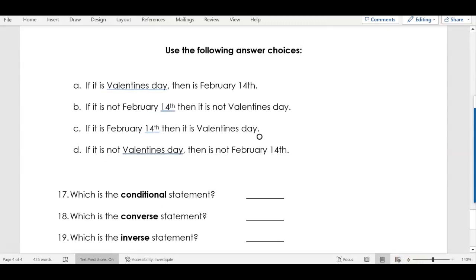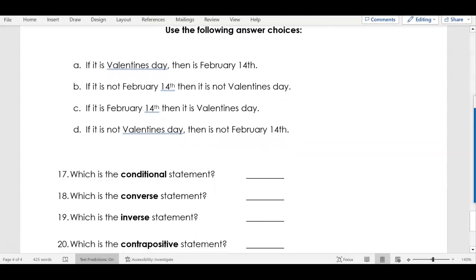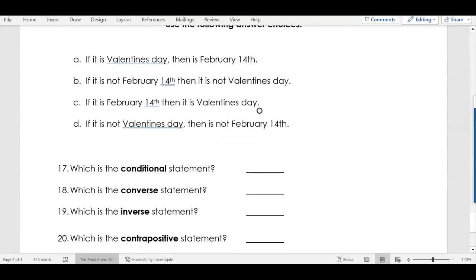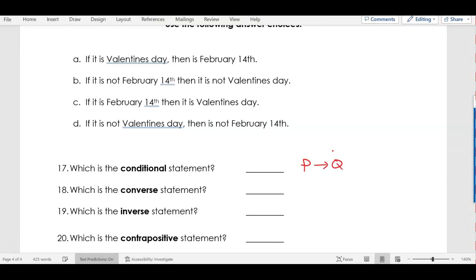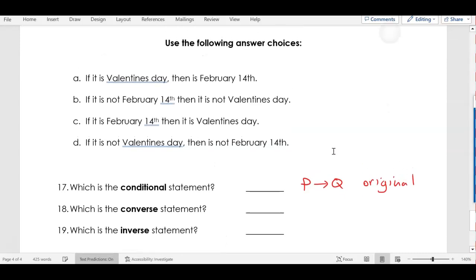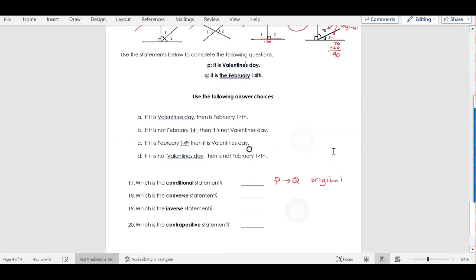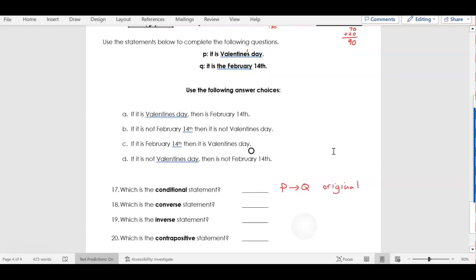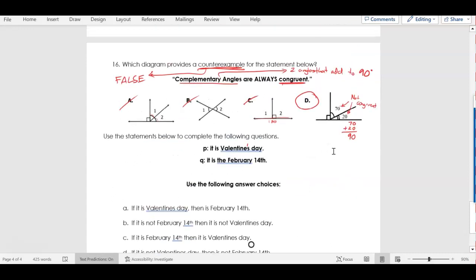All right, here we go. What is the conditional? So the conditional is just the regular P arrow Q. It's the original, right?